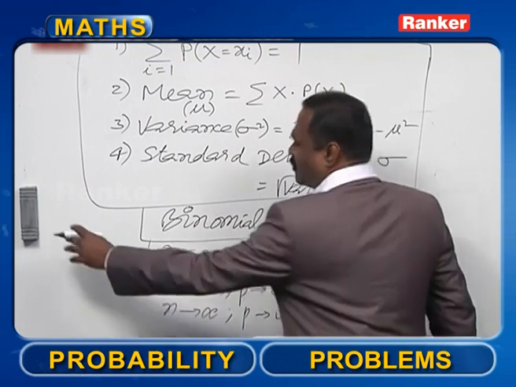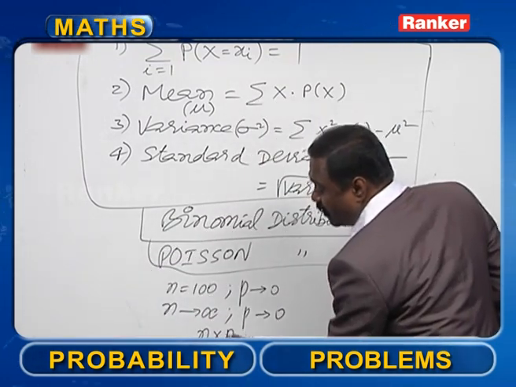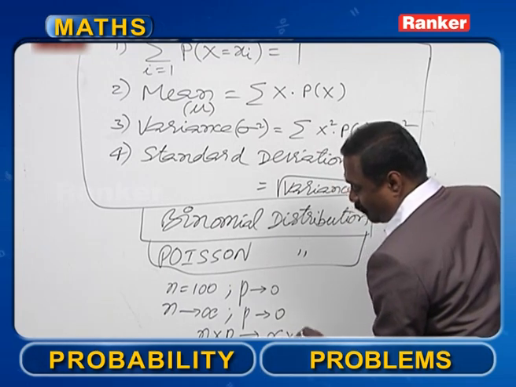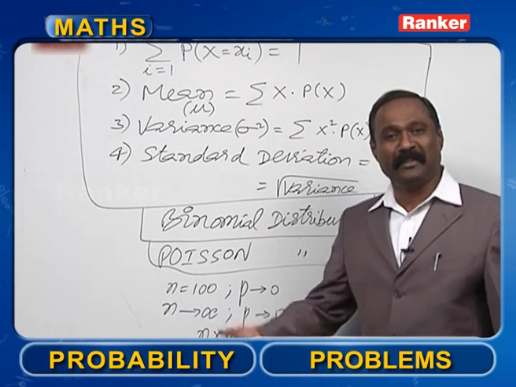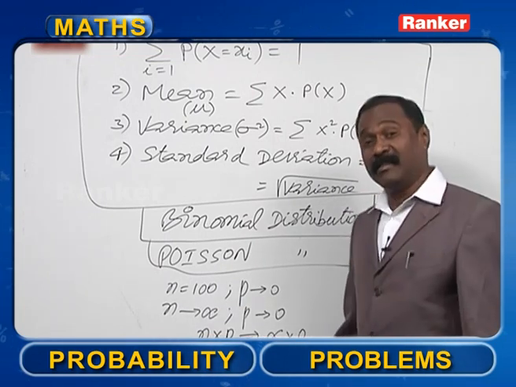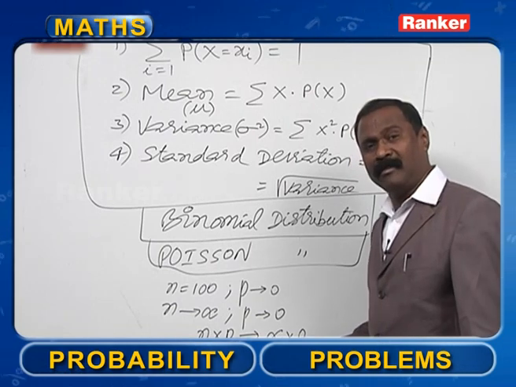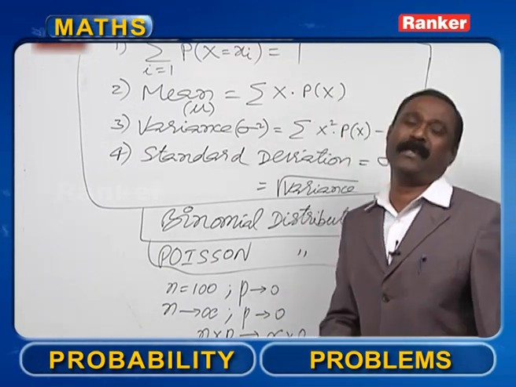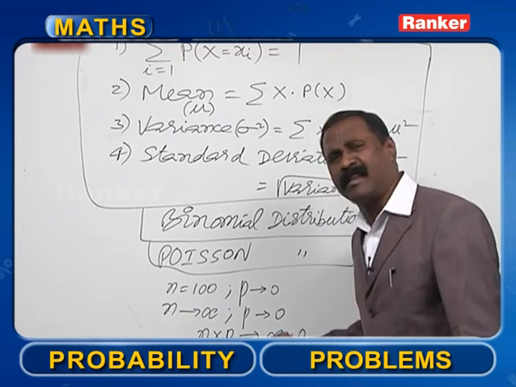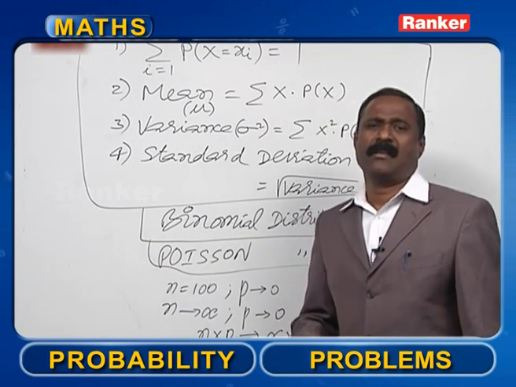So what happens in this case? N into P under the limiting conditions exists. Infinity into 0 is said to be an indeterminate form, so this indeterminate form exists under the limiting condition. That means the success probability in this case is very, very less.